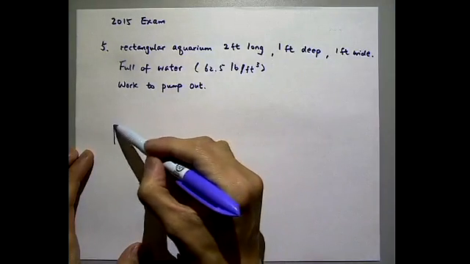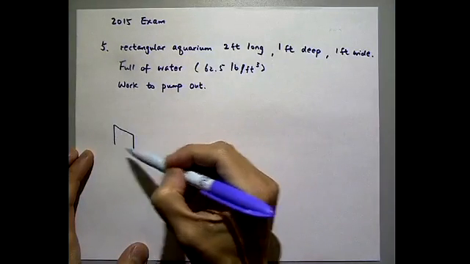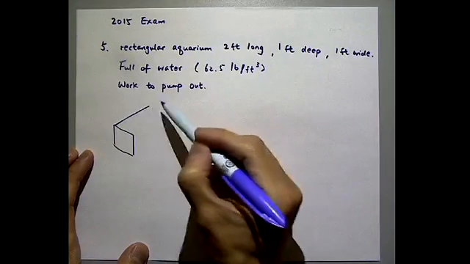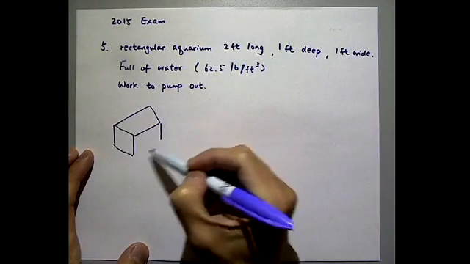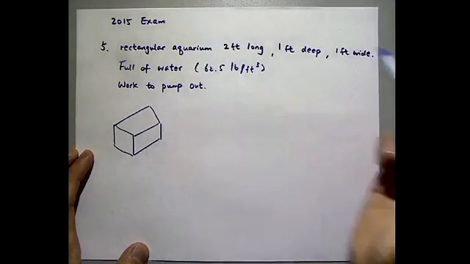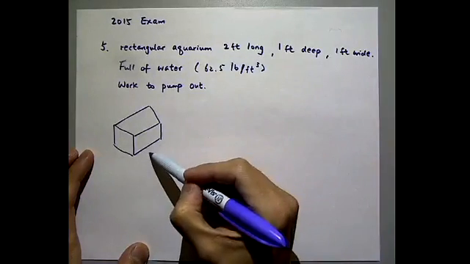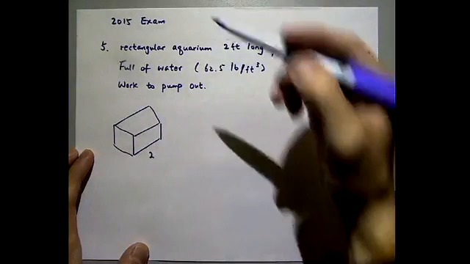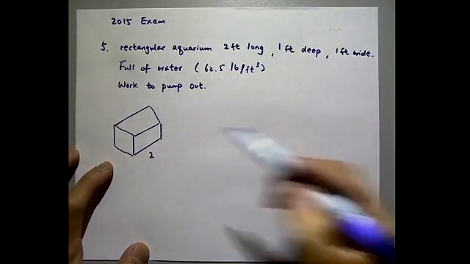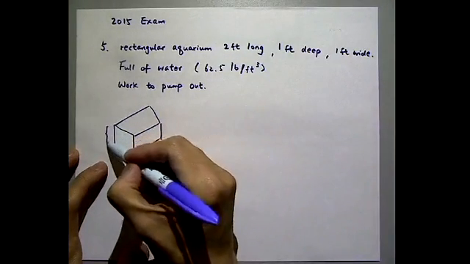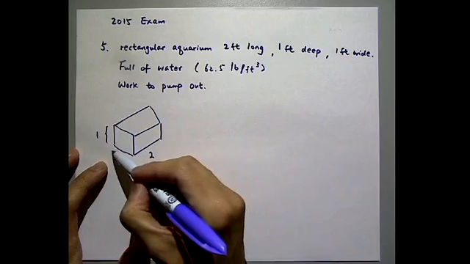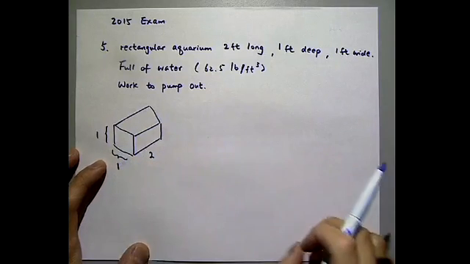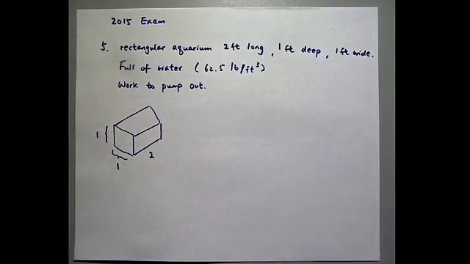Let's make a rough sketch of what we got. All right, so this thing is 2 feet long, so we'll give it 2 feet, and 1 foot deep and 1 foot wide. Right now, full of water, want to pump the whole thing out.